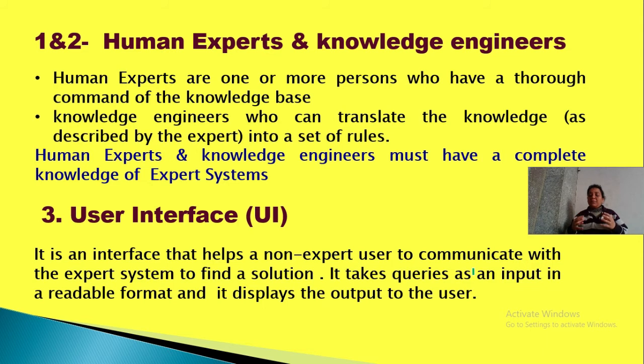The human experts and knowledge engineers must have complete knowledge of the expert systems and the domain for which they are working. UI, as I have already explained, is the user interface which helps even a non-expert user to communicate with the expert system.